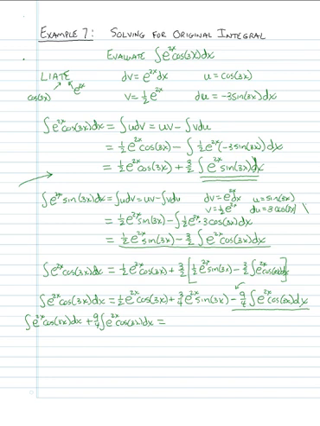Now when I add that to the right side, that integral doesn't show up any longer. And what I have left on the right side is 1/2 e to the 2x cosine of 3x plus 3/4 times e to the 2x sine of 3x. Now the whole significance is what we have right here.